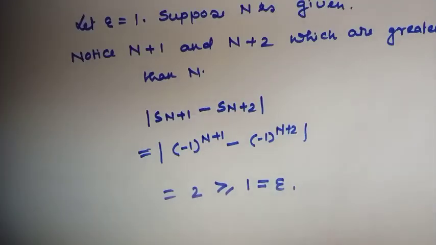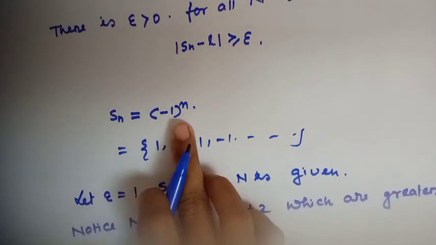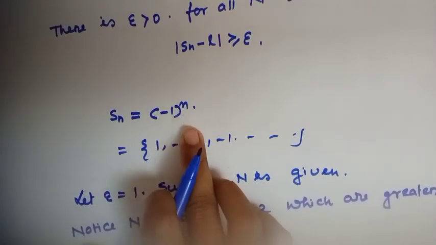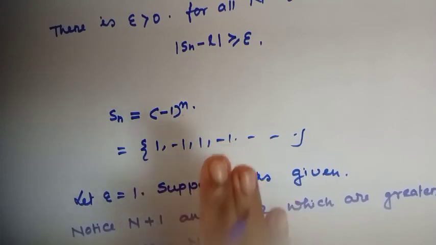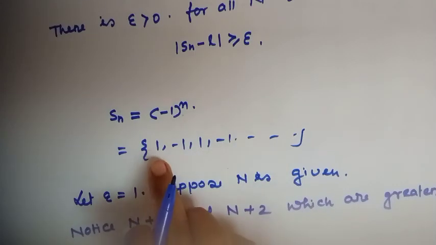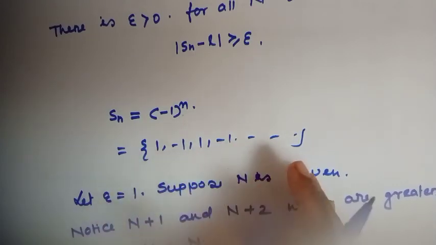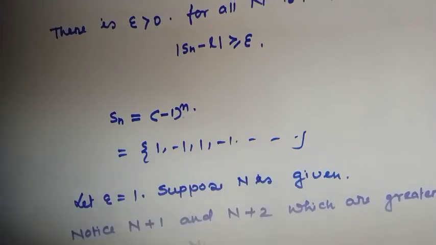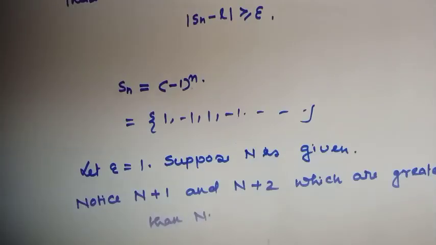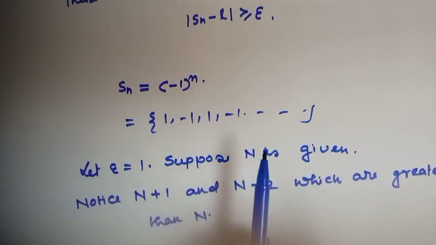So it breaks the definition of convergent. So the sequence Sn equal to minus 1 to the power n is divergent. Since the sequence is divergent, one subsequence 1, 1, 1 and another minus 1, minus 1, minus 1 go to different limits. If the sequence is convergent, then all subsequences must go to the same limit.